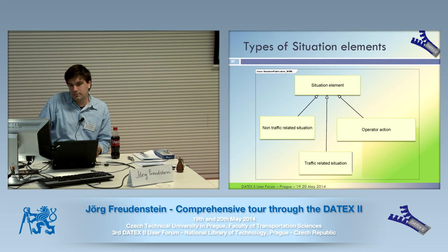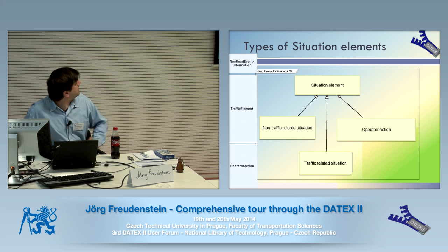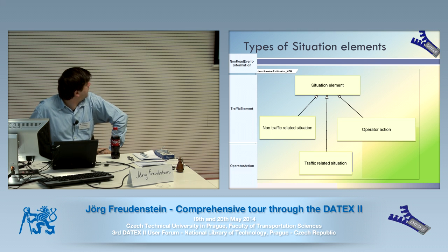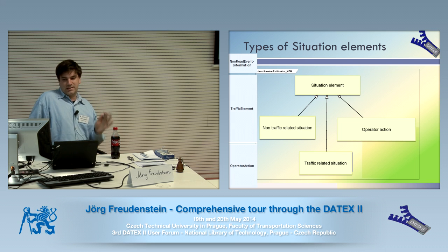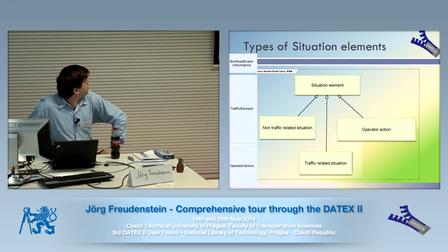And now we will see this in another form. So here on the left side, we have again non-road information, traffic element, and operator action. And you have to read this from the left to the right. So when you are talking about a non-road event information, this might be a car park, for example, a roadside service disruption, road operator service disruption, or transit information.